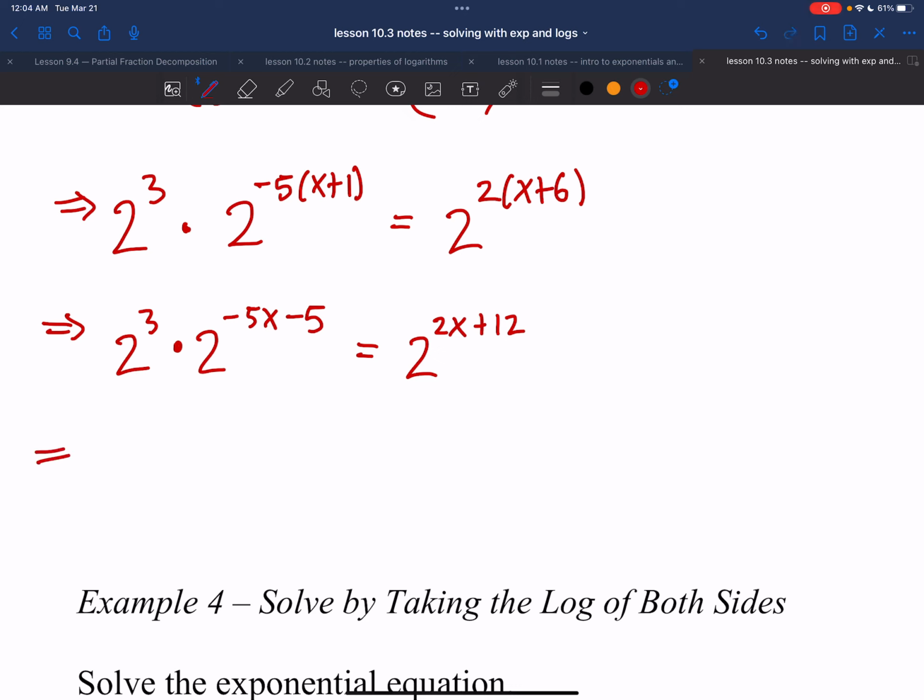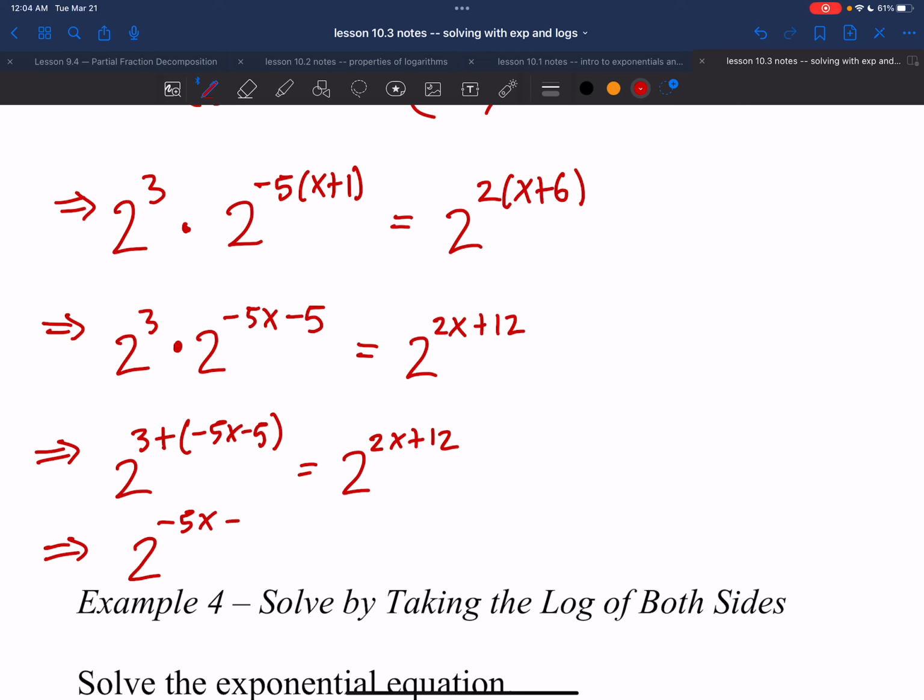So this is actually now 2 to the 3 plus negative 5x minus 5, okay, equals 2 to the 2x plus 12. Of course, if you add that 3 there, that's just 2 to the negative 5x minus 2 equals 2 to the 2x plus 12.